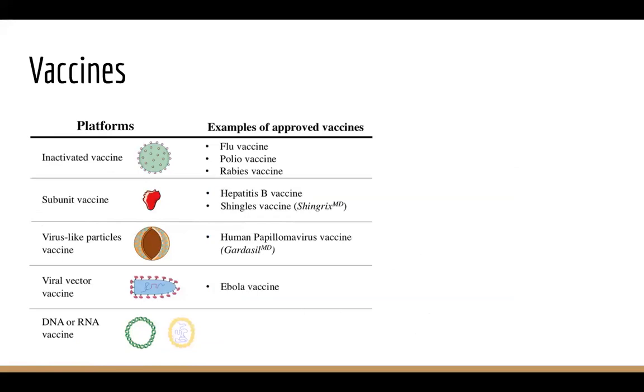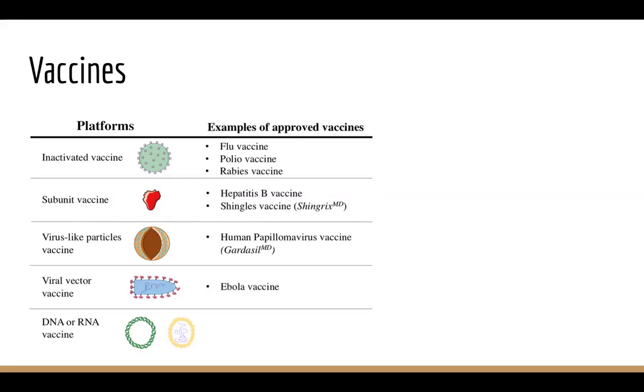Briefly wanted to talk about the different kinds of vaccines because they're very, very popular right now. Some of the earliest vaccines were subunit vaccines. Actually, the earliest vaccine goes back to, I believe, the end of the 18th century, around 1795, when Edward Jenner took a piece of the smallpox virus.